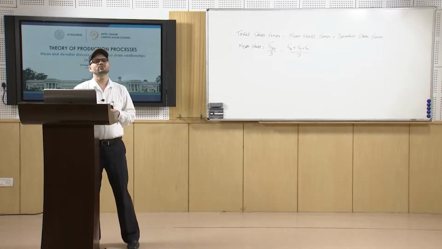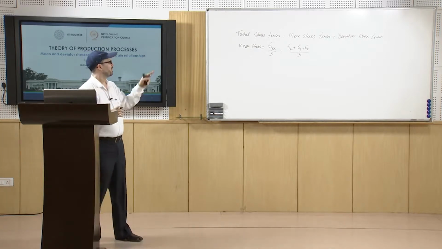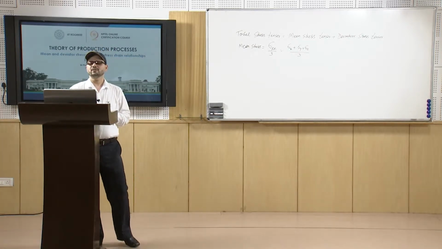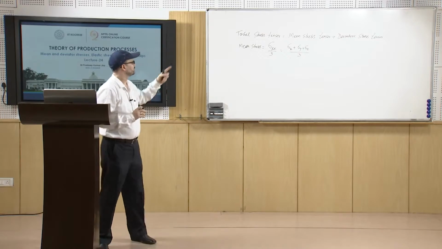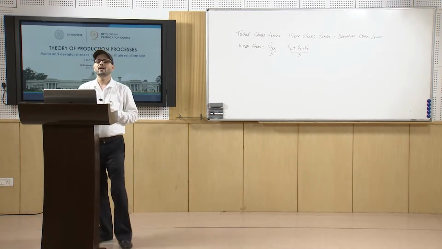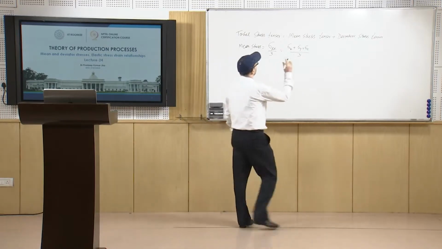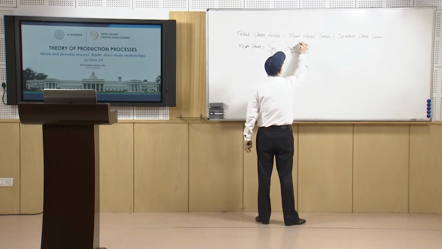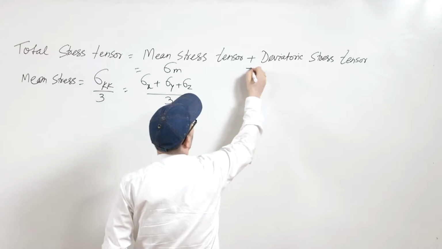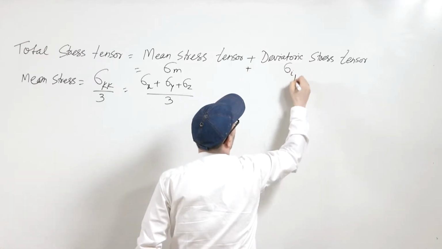That will be your mean part, denoted as sigma mean, and the deviator component is denoted by sigma ij prime.